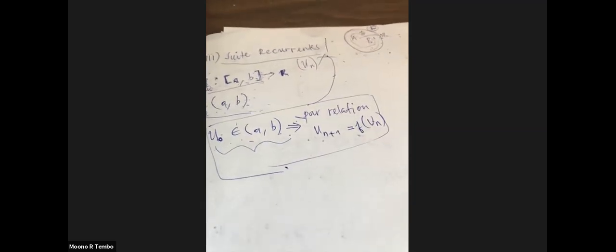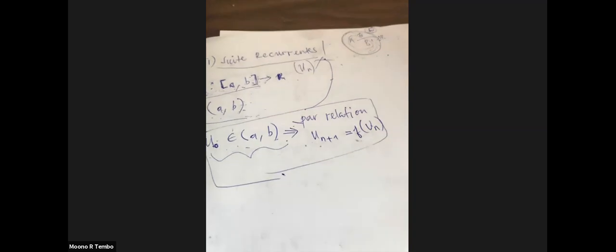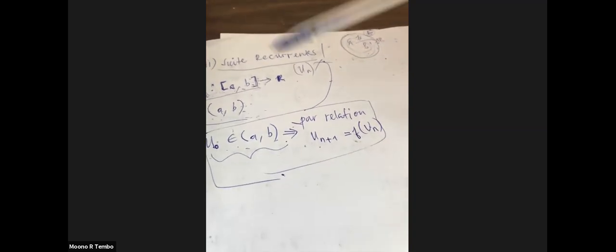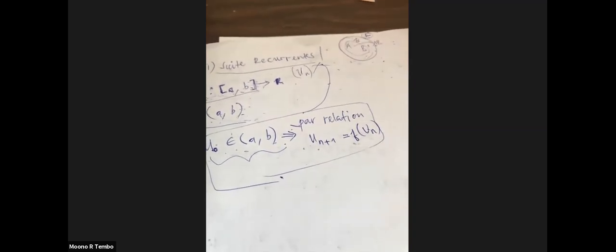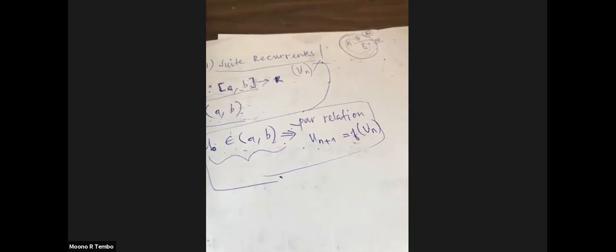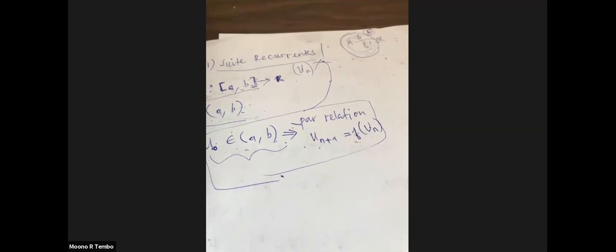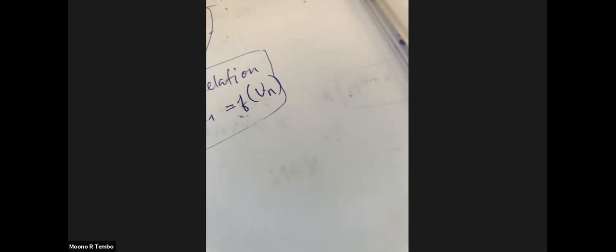So the first thing we know is that there's going to be A and there's going to be B. Now, under a suite that is recurrent, we'll look at the domain of the suite.